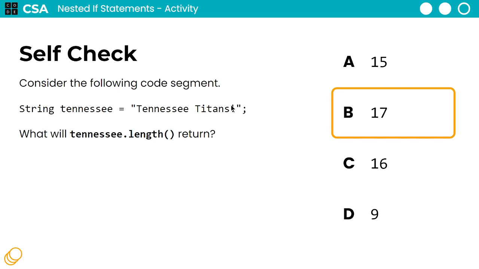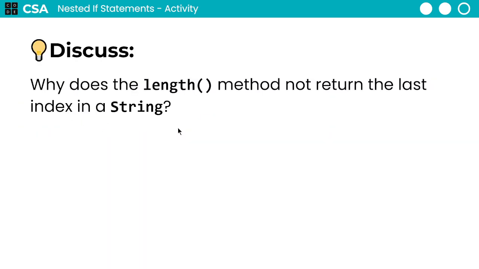This exclamation point does count just like the space counts. And again, these quotation marks do not, because that indicates the string. I actually discussed that with you guys already.